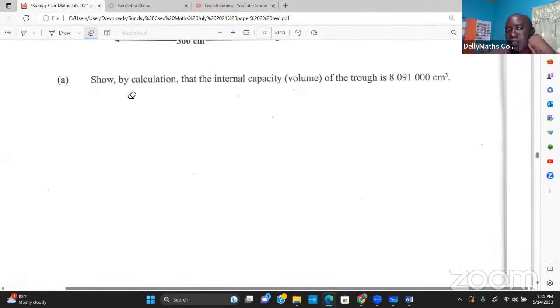So it says calculate, show by calculation that the internal capacity/volume is this number, 8,091,000 cm cubed. No problem.